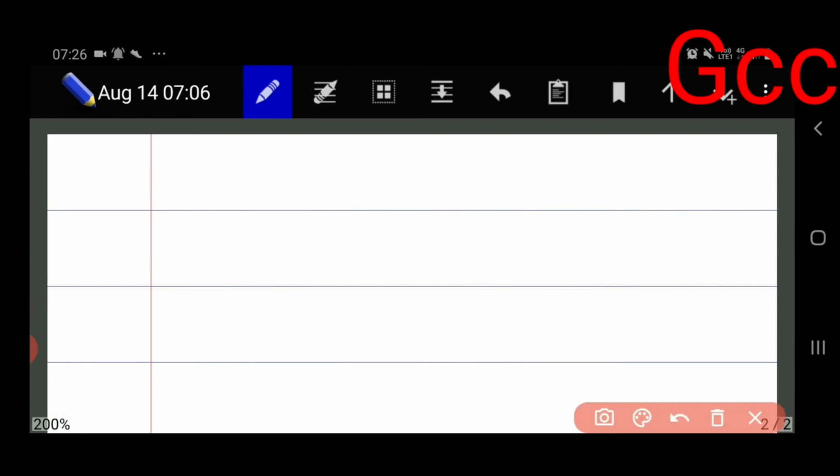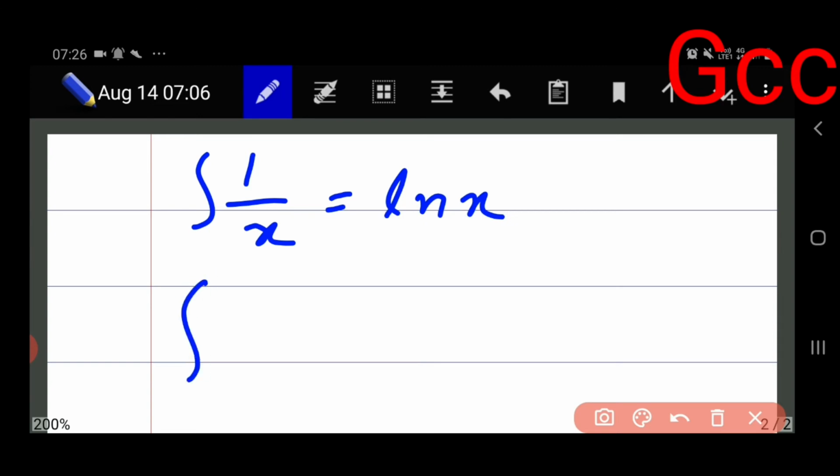As we know very well, integration of 1 by x is equal to natural log of x. In the same way, integration of dx will be equal to x.